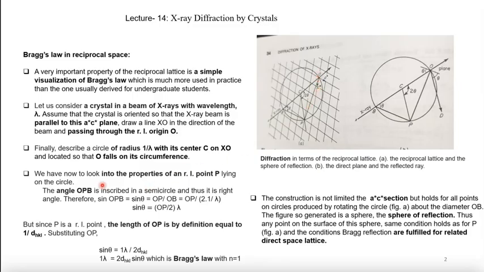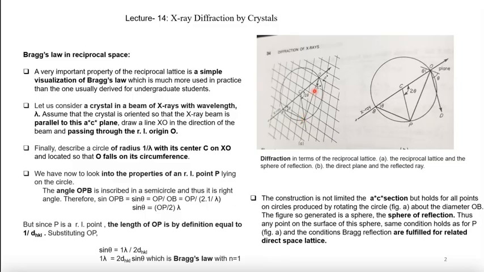We now have to look into the properties of a reciprocal lattice point lying on the circle. We can see a reciprocal lattice point on the circle, and the point is P.